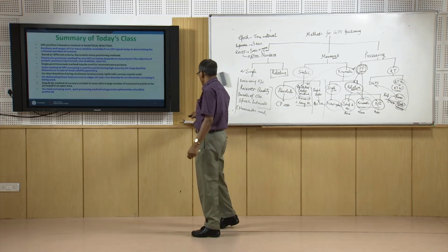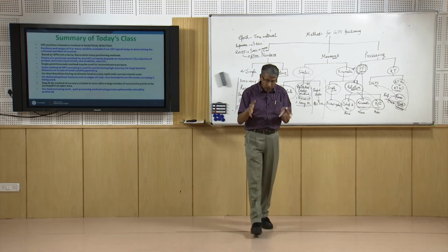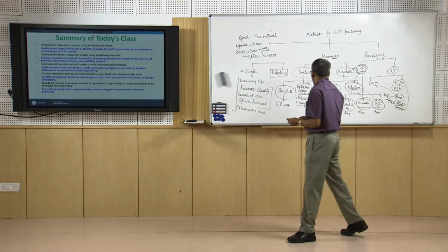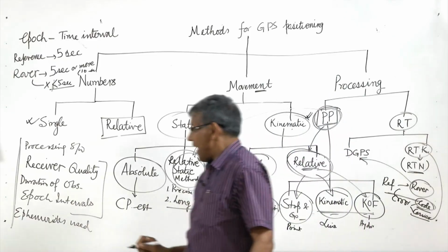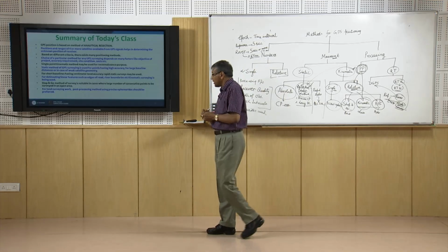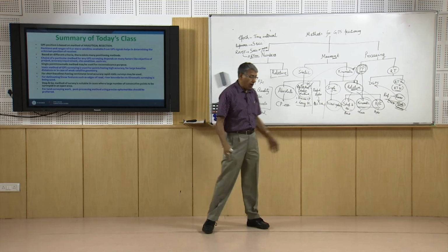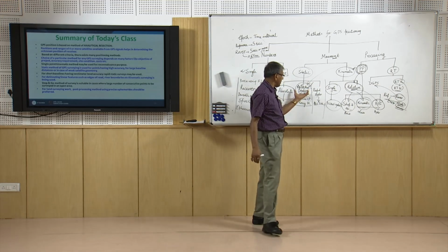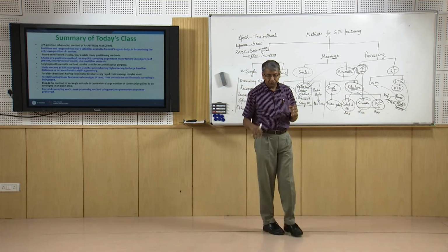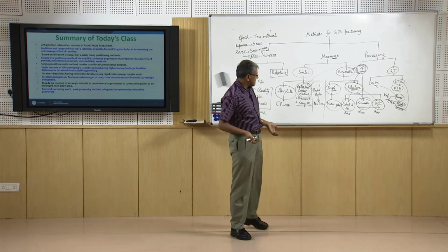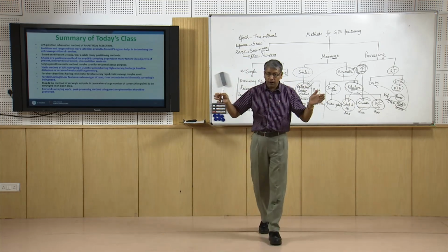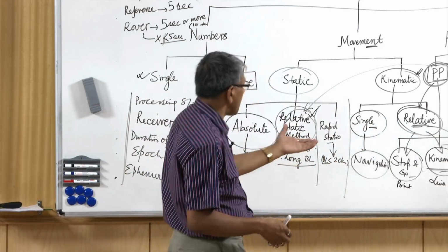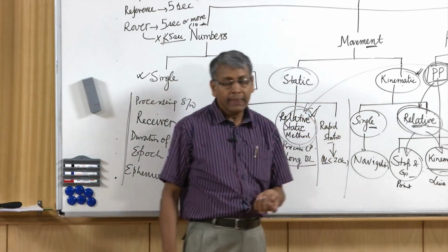To establish our control points we should go for the relative static method, and if we want to set up a long baseline we will also go for the relative static method, but if we want to establish lower order control points or smaller baselines we will go for the rapid static method.